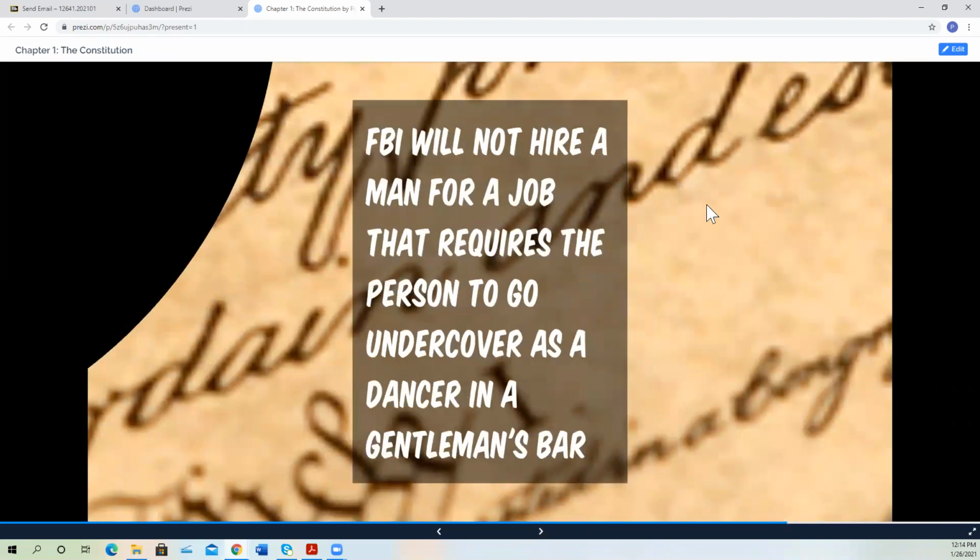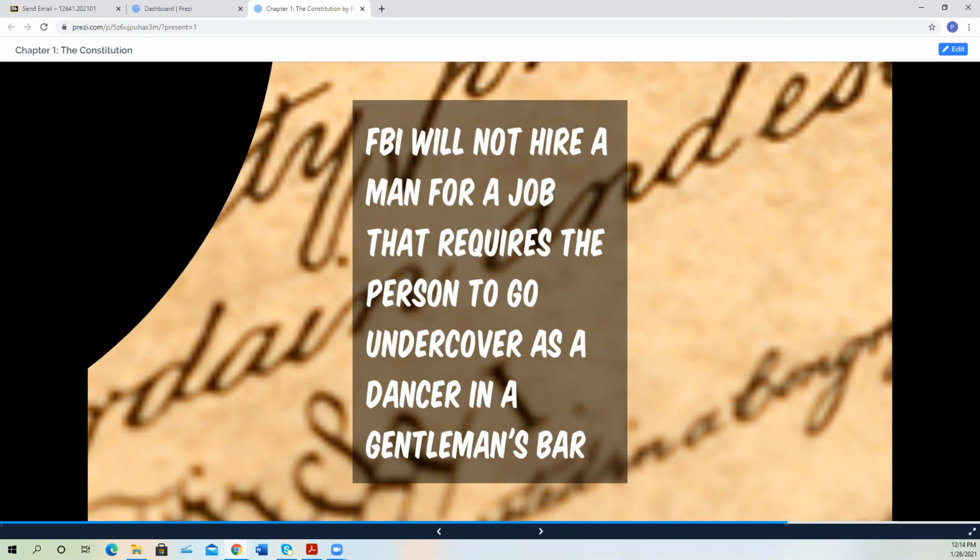For example, the FBI will not hire a man for a job that requires a person to go undercover as a dancer in a gentleman's bar. So again, on a test, you'd be presented a very small scenario like this. And now you see the government's treating a group of people differently.